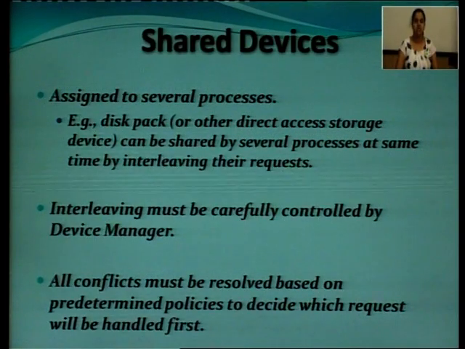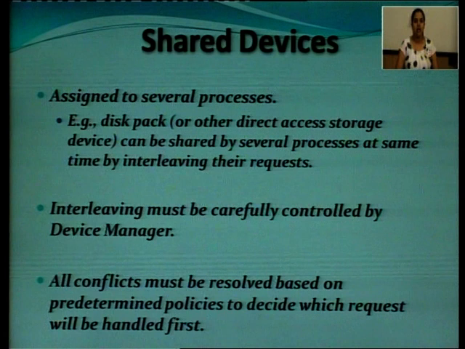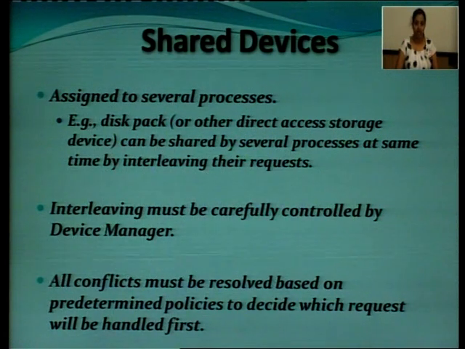The interleaving must be carefully controlled by the device manager. Interleaving is the process in which we allocate the time of the shared devices between the processes, deciding which process can use which device and for what duration. All conflicts must be resolved based upon predetermined policies to decide which request will be handled first.